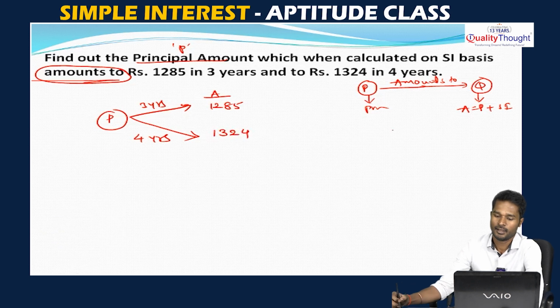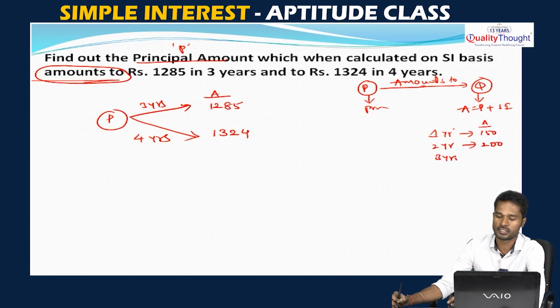Now, see, if I give an amount as principal on the basis of simple interest, and after 1 year that money has become 150 rupees, after 2 years it has become 200, after 3 years it has become 250, that means every year 50 rupees is increasing.